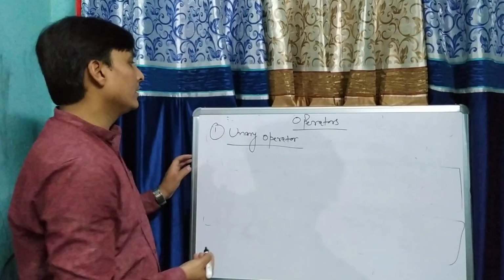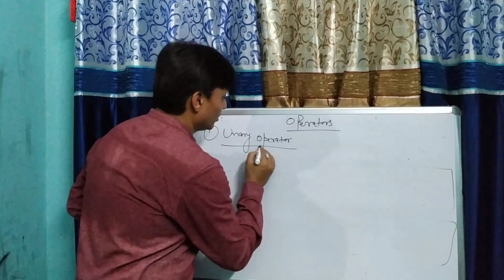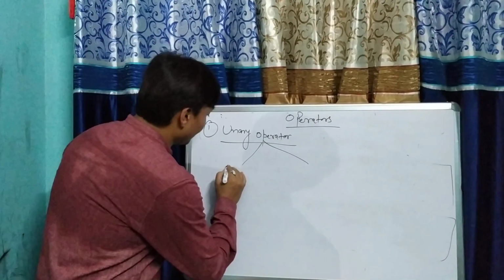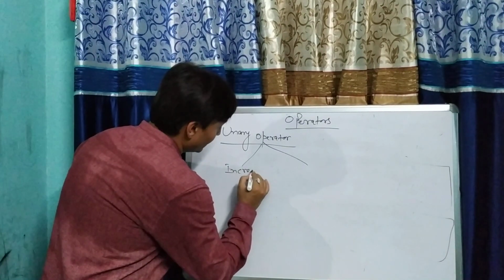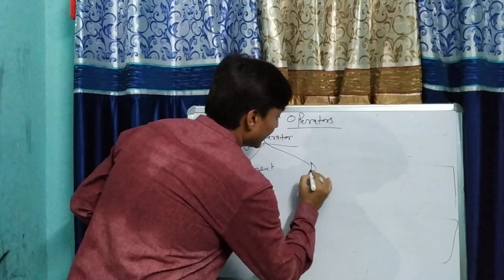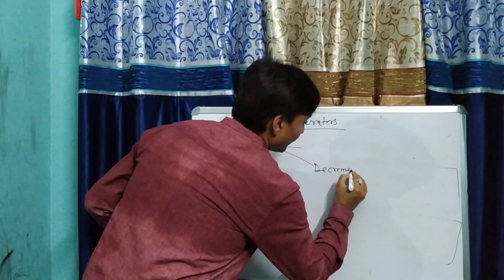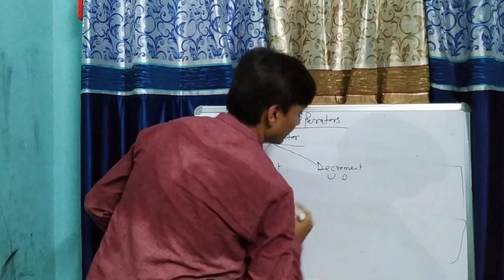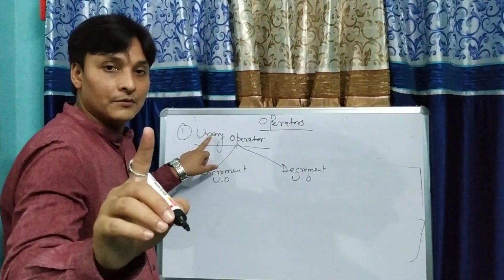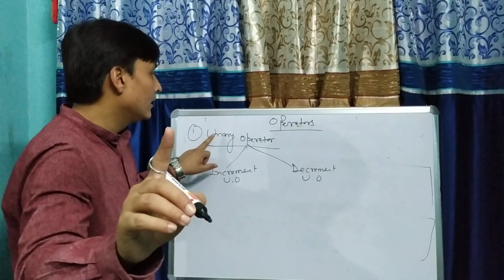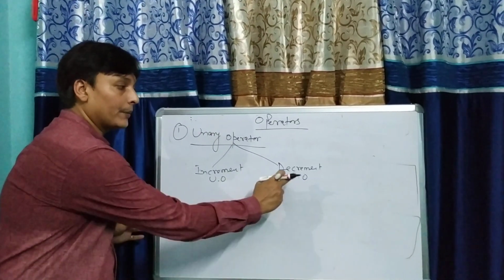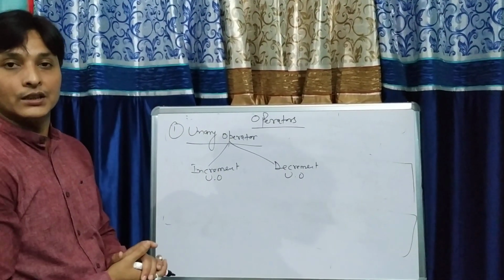Pay attention. Your unary operator is divided into two parts. First one, increment unary operator, and second one, decrement unary operator. First thing, it works on a single operand. Fine?